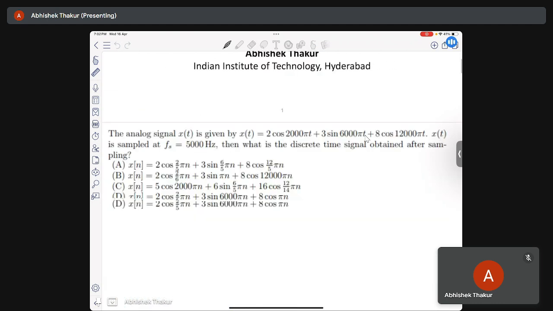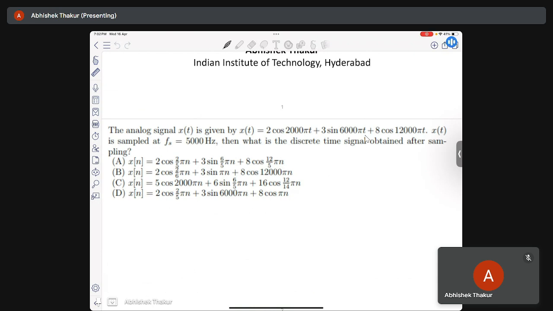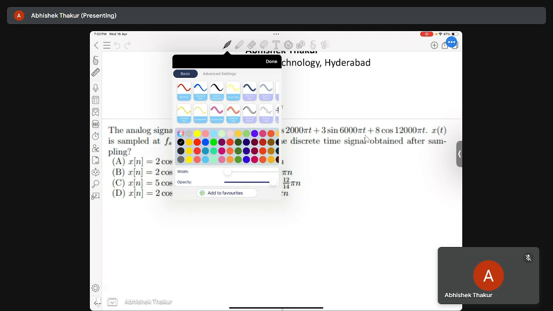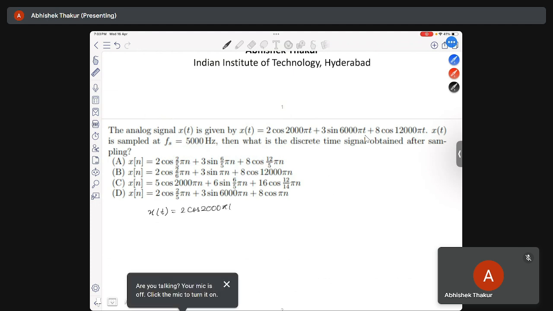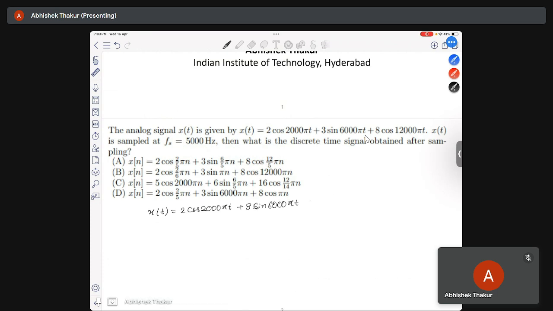So the first question is: the analog signal x(t) is given, that is equal to 2 cos 2000 pi t plus 3 sin 6000 pi t plus 8 cos 12,000 pi t.